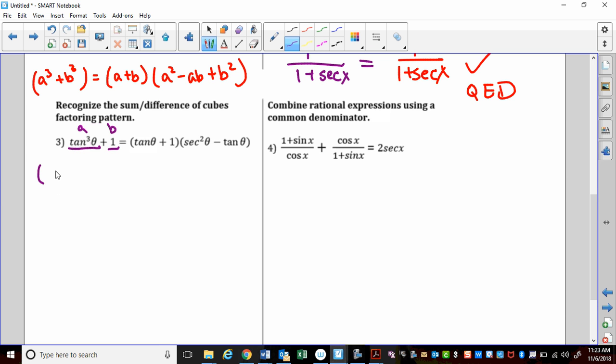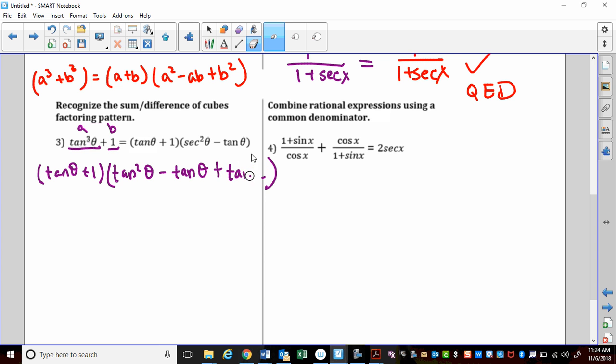This is tangent of theta plus 1, times a squared, so tangent squared theta, minus ab, 1 times tangent is tangent, plus b squared, which is 1 squared.